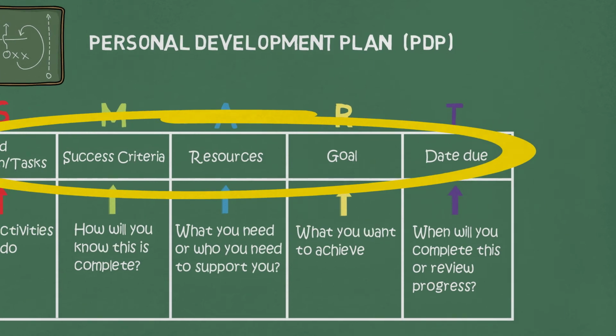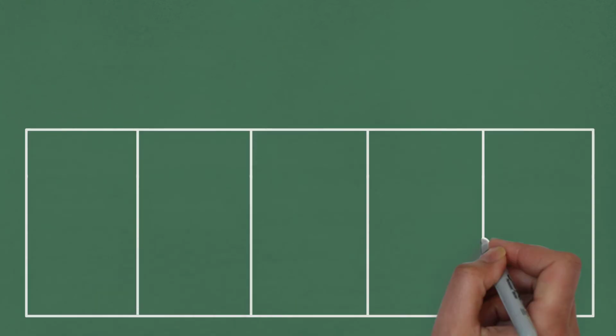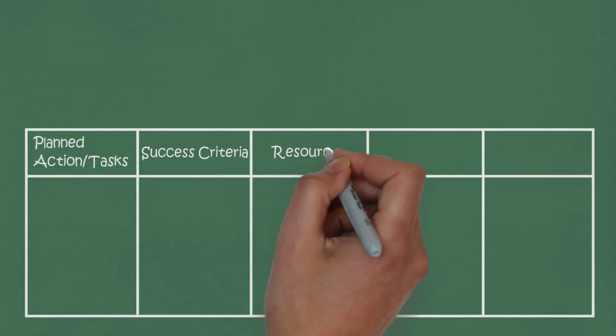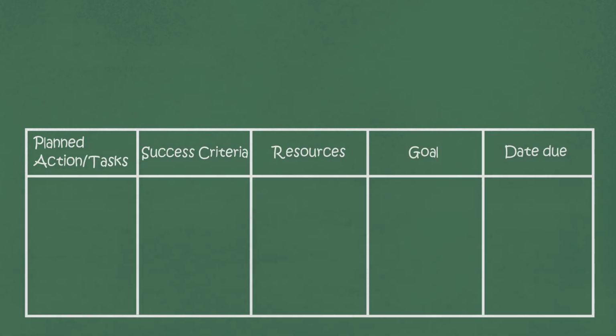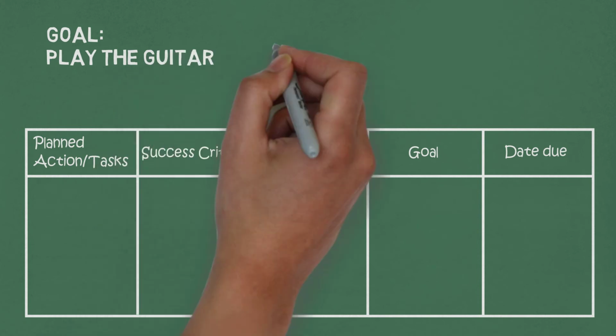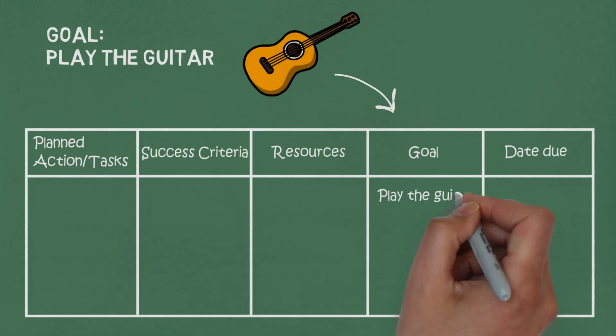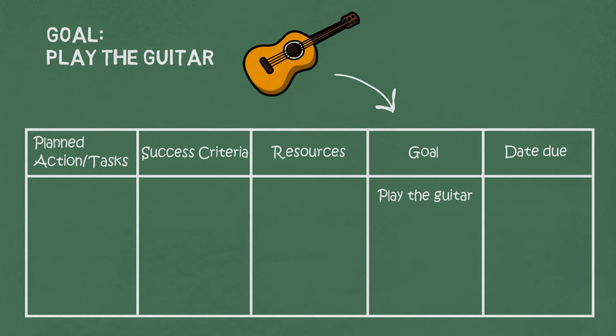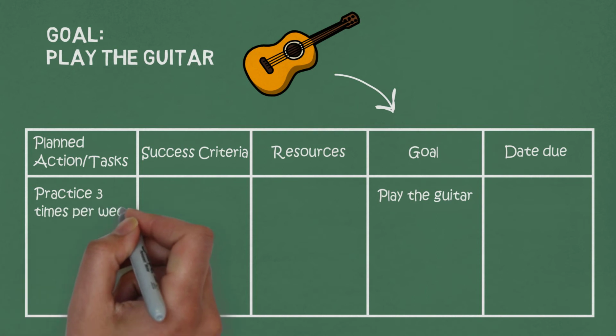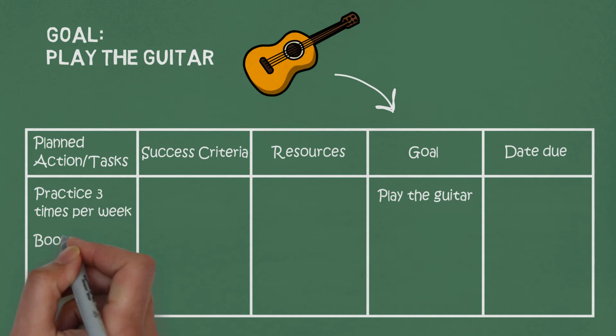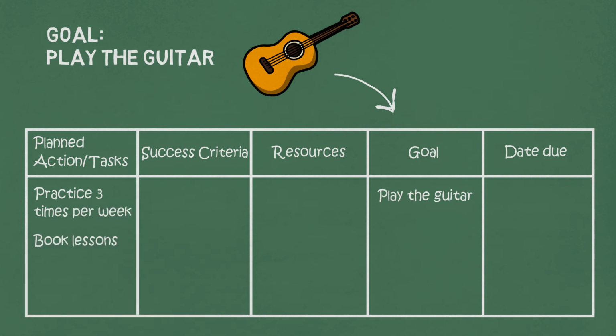So let's apply this to an example. The goal is learning to play the guitar. Tasks could be practice 3 times per week, book lessons, read about music sheet structure.